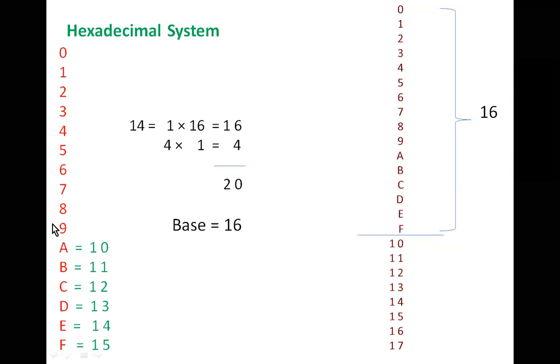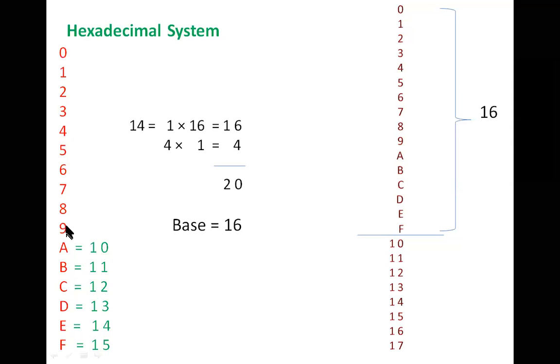Okay, and the 0 has a weight 0, 1 has a weight 1, like decimal system. 2 has a weight 2. It is equivalent to, there are 2 ones in 2, like this. 3 has a weight 1 unit higher than 2, 4 has a weight 1 unit higher than 3, or 4 has a weight which is 4 times that of 1.